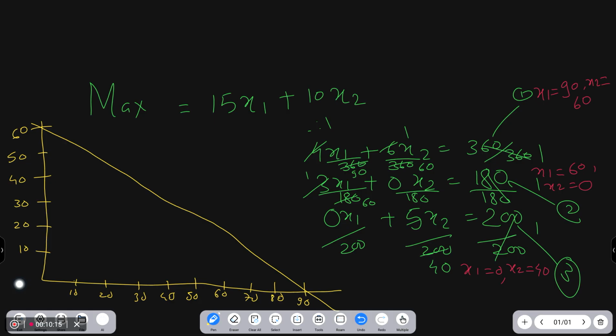You have to draw a very straight line using the scale. Keep the scale on these two points and draw a straight line between these two coordinates.